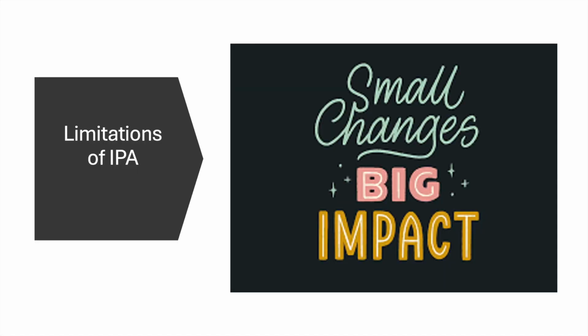Another limitation of IPA is that small changes can have a big impact. What I mean is that small changes in the attribute's score can lead to a big difference in how it's classified, okay?